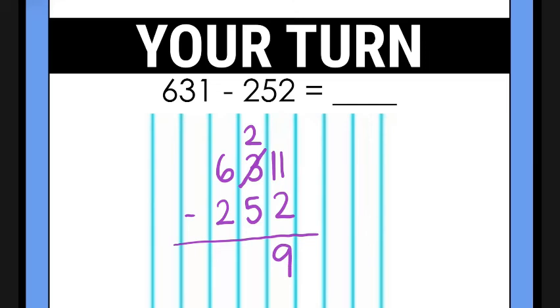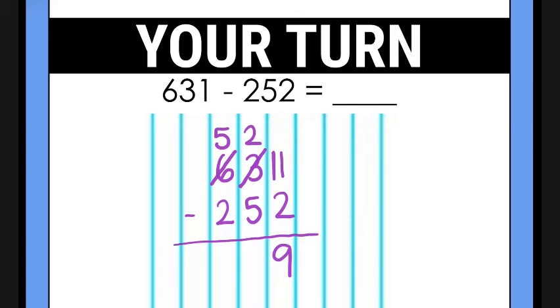Now let's move to our tens. Now I have 2 minus 5. But wait, can I do 2 minus 5? More on the floor. Go next door. So now I have to regroup again. I'm going to go to my hundreds and I'm going to borrow one of my hundreds. So instead of having 600s, I'm only going to have 500s.